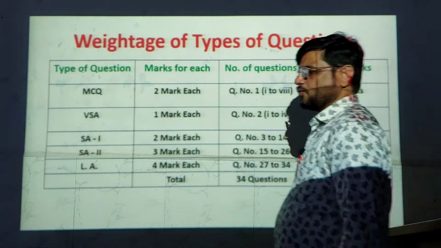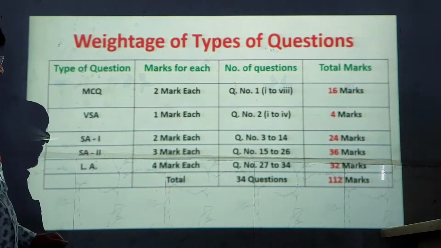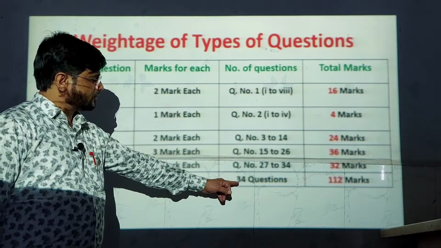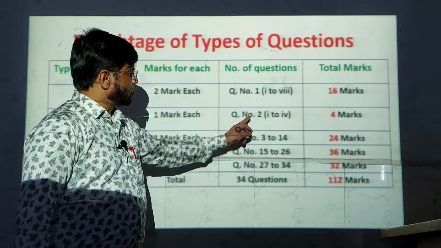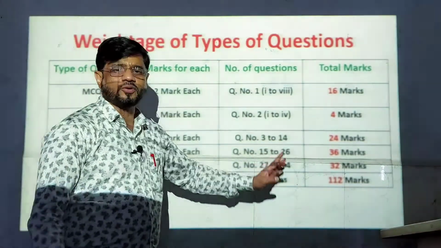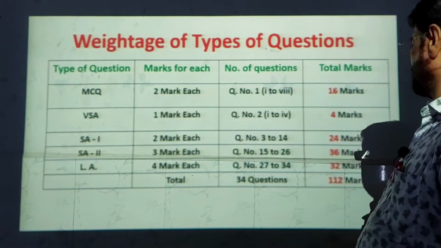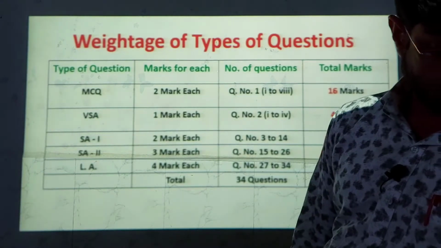Totals are with option 112. And the number of questions are 34. See, 1, 2, 3 to 14, 15 to 26, 27 to 34. Total questions are 34. Right?